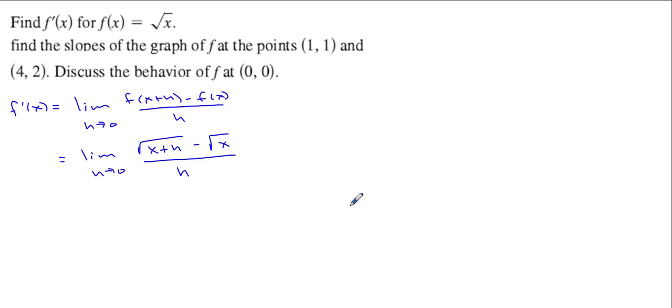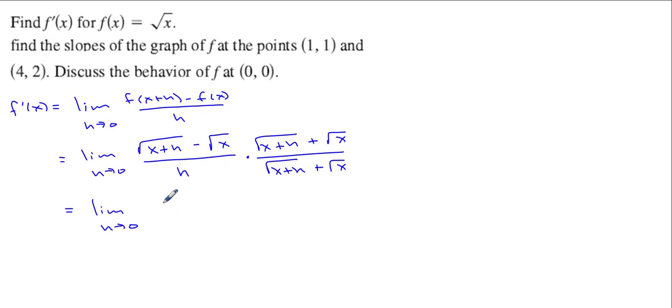What type of limit problem is this? Definitely a conjugate problem, right? Okay, let's multiply by root x plus h plus radical x over root x plus h plus radical x. x plus h.